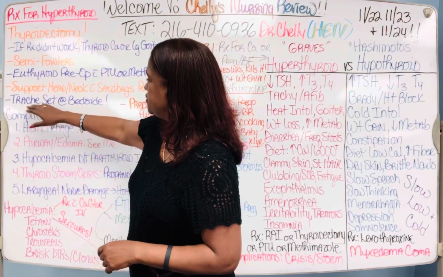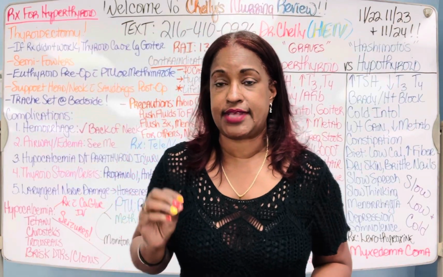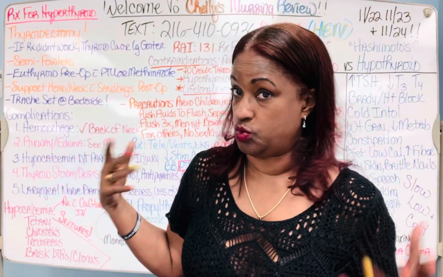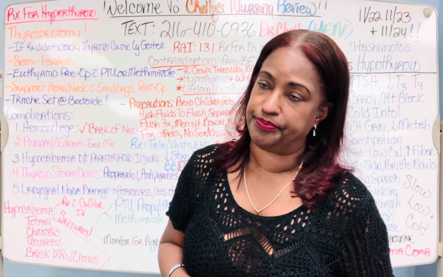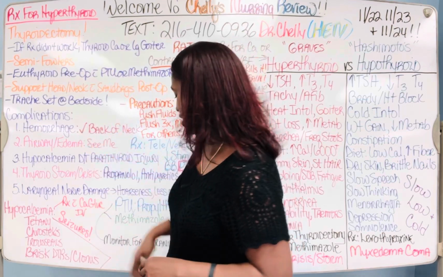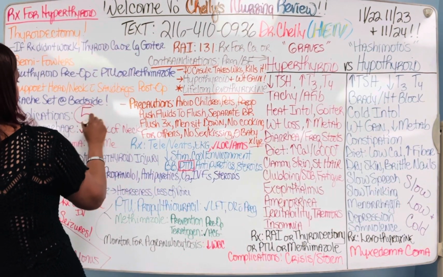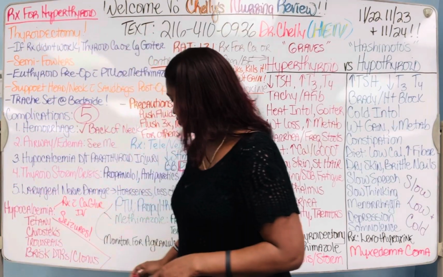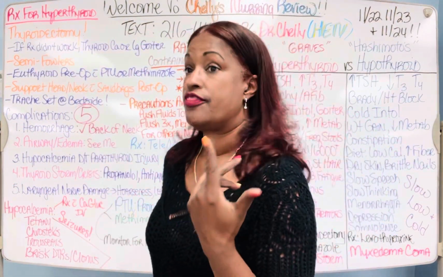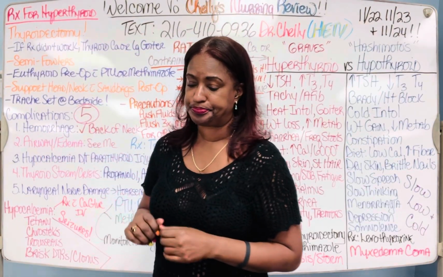So this patient is going to require a trach set at the bedside for airway emergencies, which are a real complication. Now, we have 5 big complications of a thyroidectomy. So make sure you are able to list 5 complications of thyroidectomy. 1 is hemorrhage.